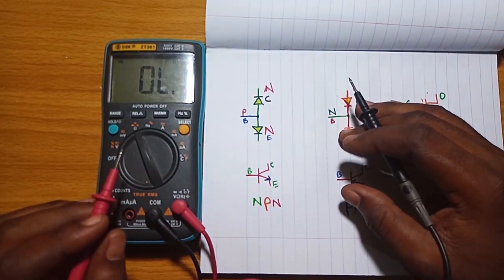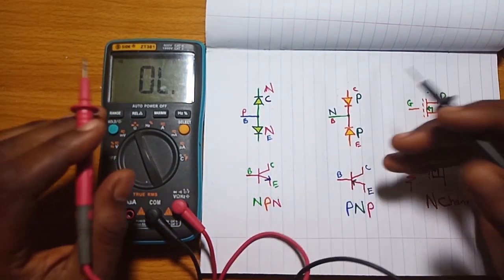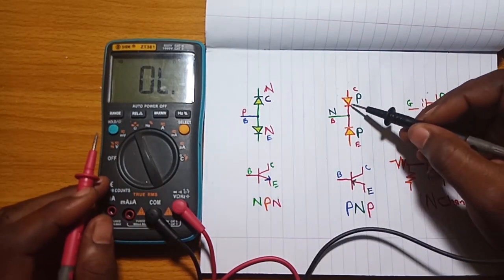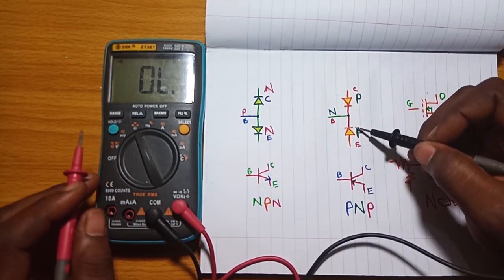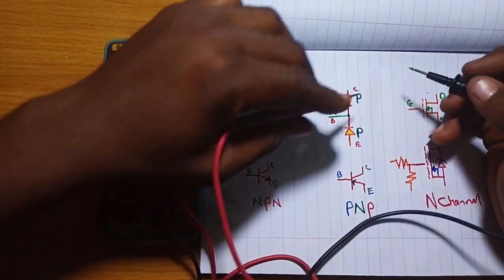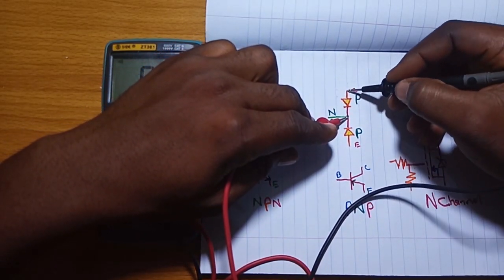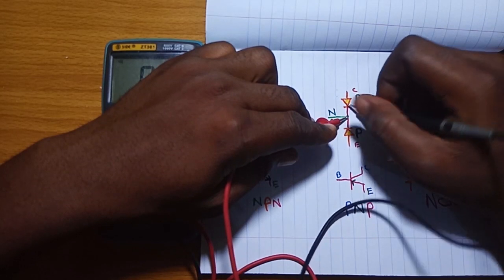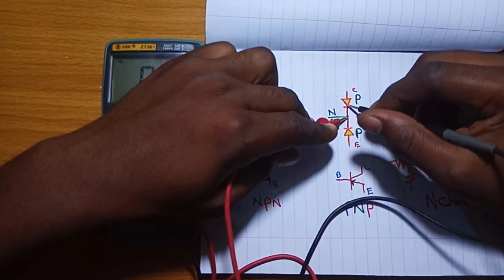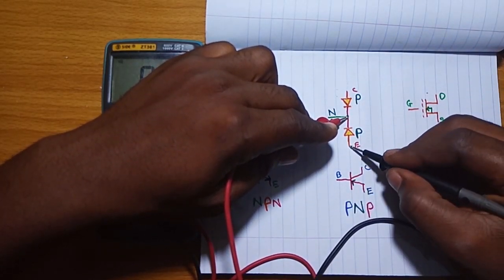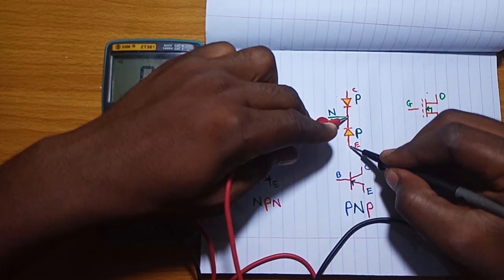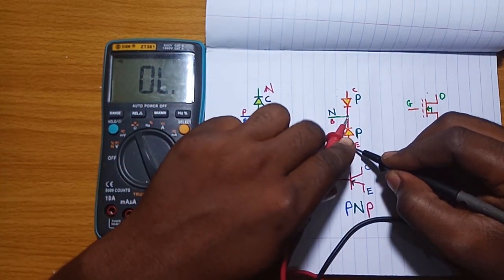So let's go to the PNP transistor. How do we do that? Likewise, the same thing. If you look at the arrangement of this diode, you will see that if we put the red probe here and put the black probe here, we are also putting this in a reverse bias condition. Likewise, if we put it here, you will not get any reading from the multimeter.